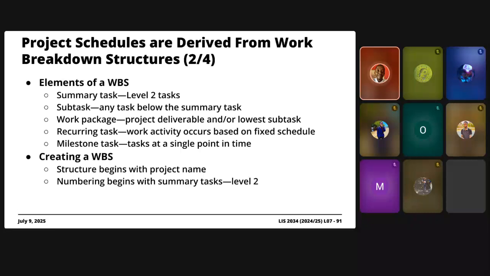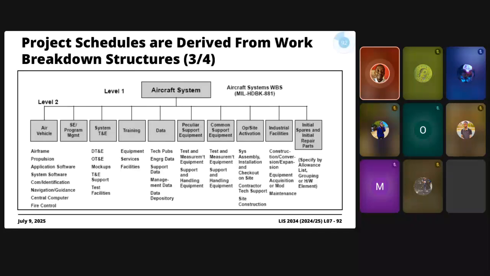Now, when you're creating the WBS, you have got to start off with the project name, and then in level 2, with the summary task, is where the enumeration happens, the numbering. So in other words, when you have something like this, at the very beginning of this structure is the name of the project, but the numbering will begin at level 2.